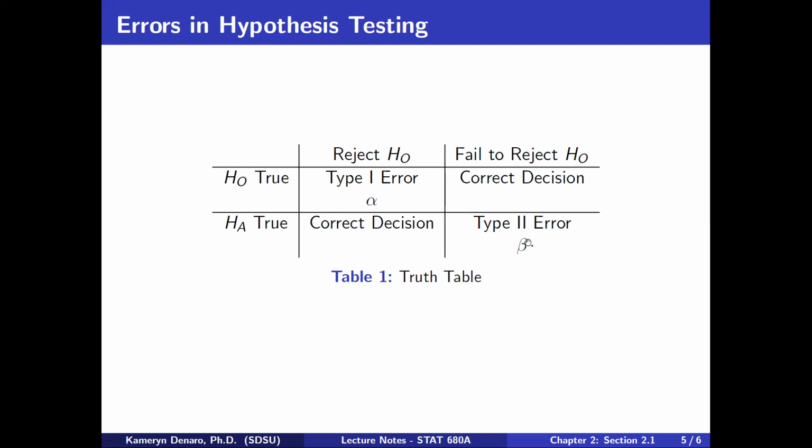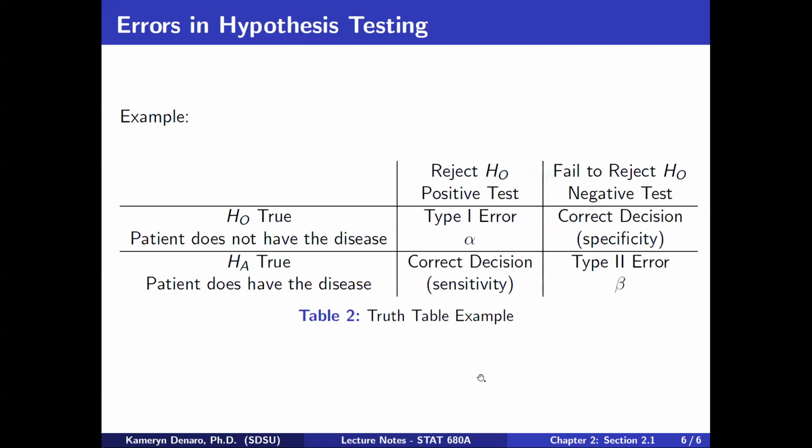The second type of error we can make is a type 2 error, and the probability of a type 2 error is beta. That happens when we fail to reject H0 when HA is true. So there's not a better or worse type of error to make. It really just depends on the actual situation as to which type of error would be more severe.